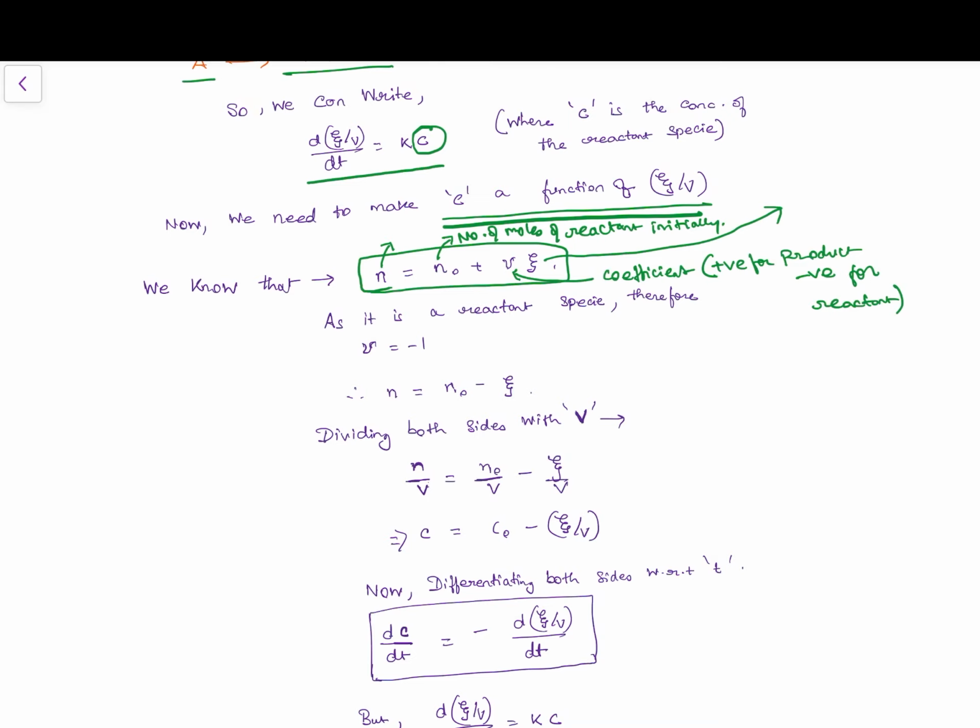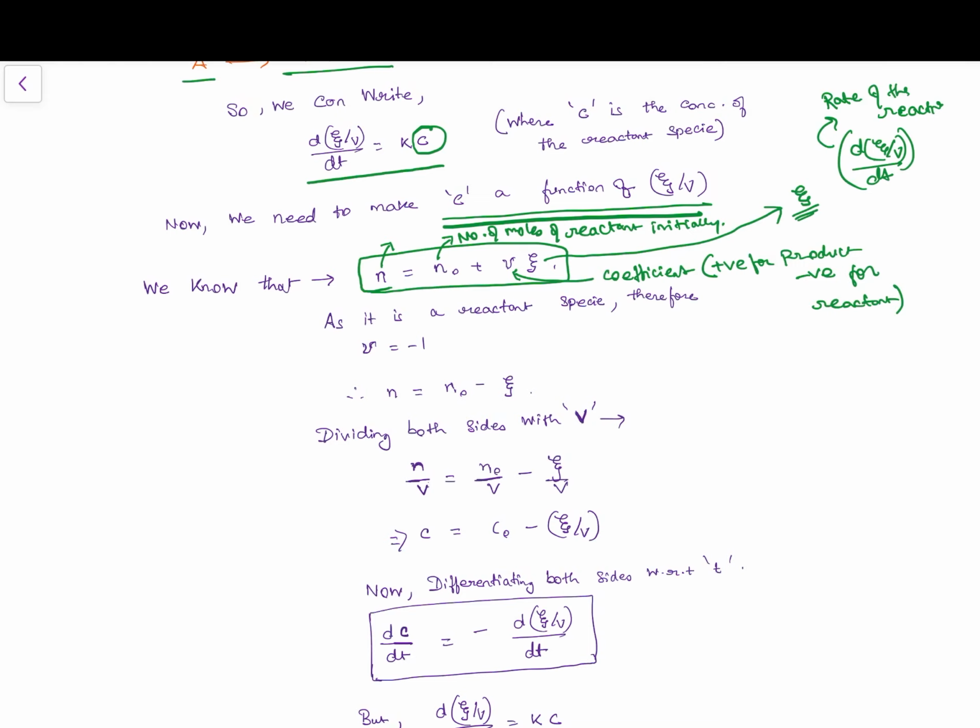Epsilon is what we call the extent of reaction, in which d epsilon by v dt gives the rate of the reaction. So epsilon gives us an idea about how much the reaction has gone forward.